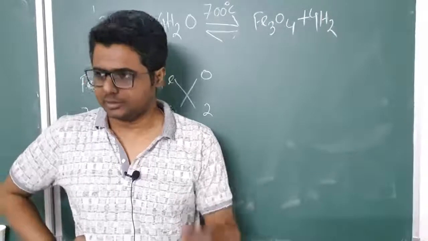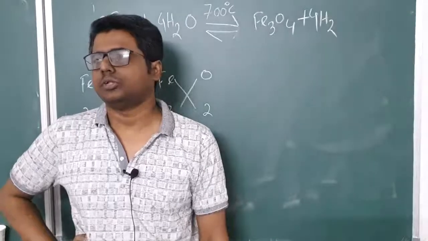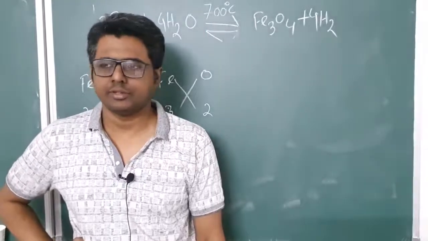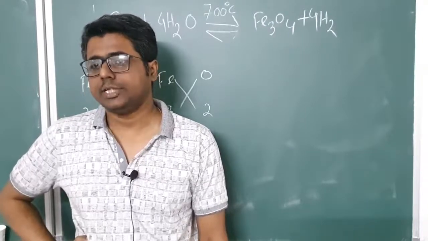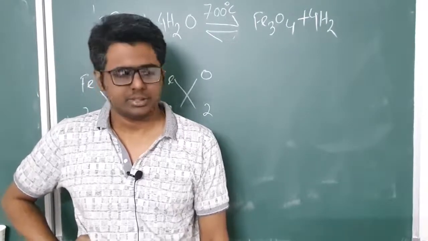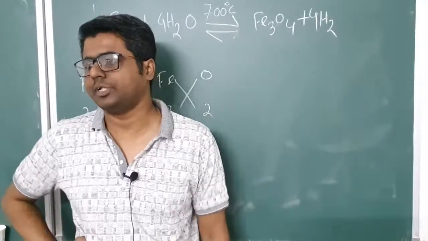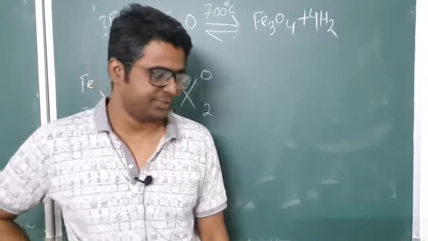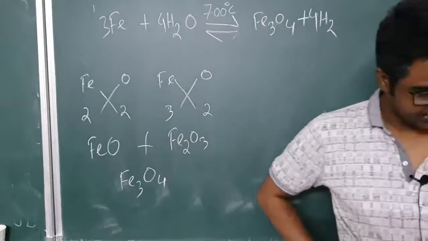Because MgO, Al2O3, zinc oxide, that is ZnO, stick to the surface of the metal and do not allow steam to come in contact with the metal. Okay, it will not allow steam to come in contact with the metal.